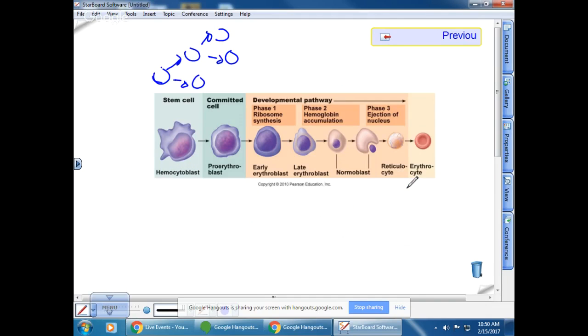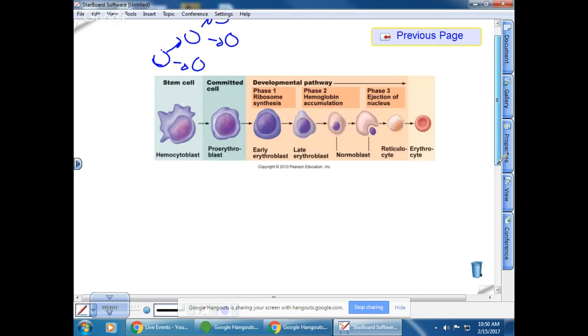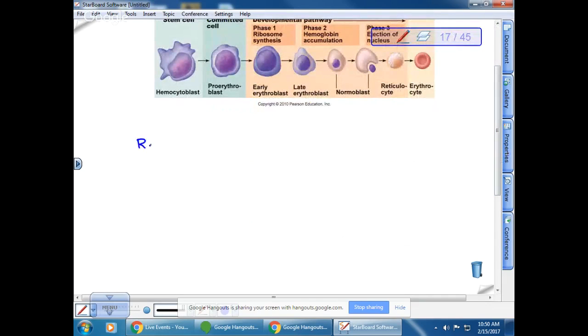Okay, so let's talk about the regulation of red blood cell production. So the stimulus that would cause the production of more red blood cells is what is called hypoxia.